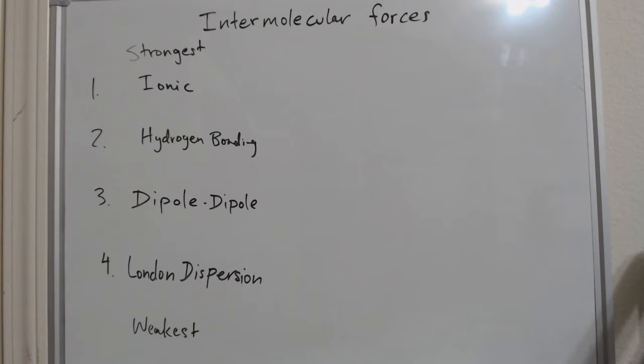When you think about dipole and compare it to ionic forces, you can think about two magnets. When you have two magnets and there's nothing in between them, that's when the force of attraction is strongest. However, when you put stuff in between, let's say a couple sheets of paper, then the force of attraction grows less and less.